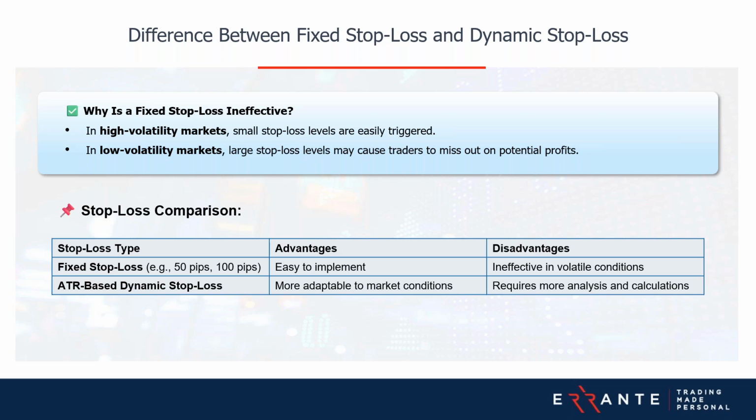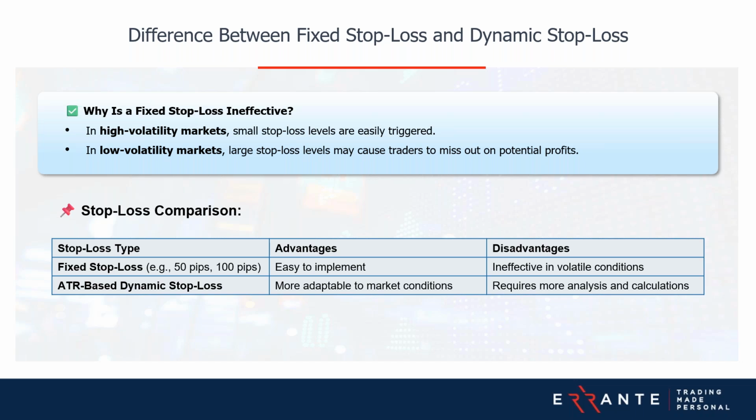Second, in a low volatility market, in calm markets during the Asian session, before major news, something like that, price movements are smaller. So your fixed stop loss can be too large for such a market. It's really unnecessary and makes risk exposure too high. For example, you're going to short USD during a slow moving session.